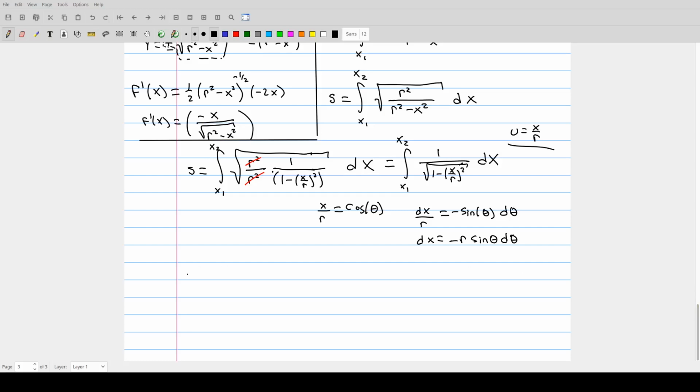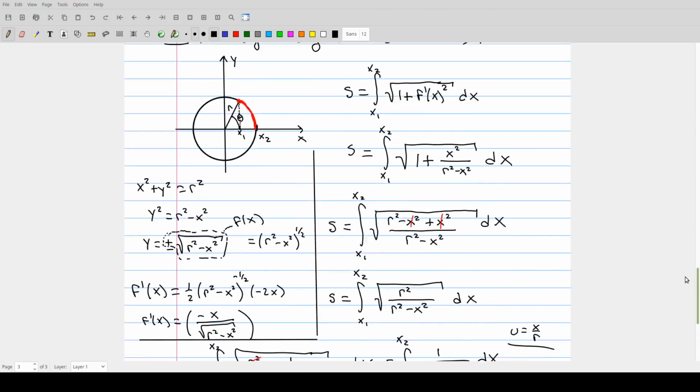So when we make this substitution, we end up getting that s is equal to the integral, and we have to think about how the bounds change with this substitution. The integral of 1 over the square root of 1 minus cosine squared theta, when I plug in for x over r, and dx is negative r sine theta d theta.